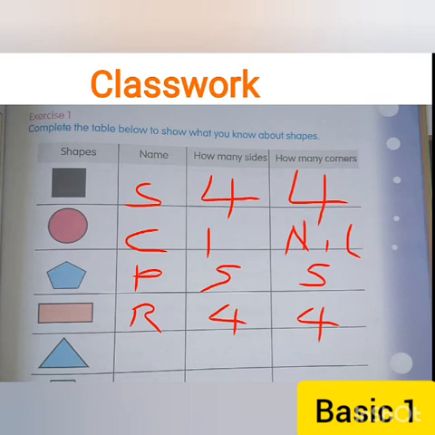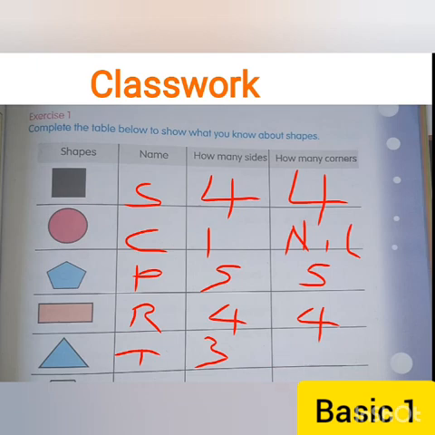And our last shape for classwork is a triangle. We'll also use T to denote triangle. How many sides does a triangle have? 3 sides. How many corners? 3 corners.